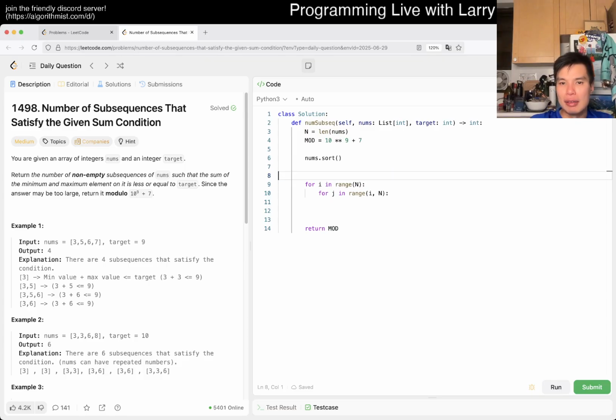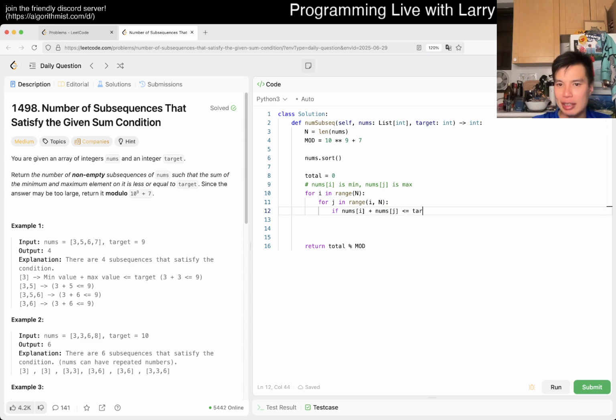And what does this mean? This means that now, let's say we have total equal to 0, and of course then we return total mod mod. Now if nums sub i plus nums sub j is less than or equal to target, then how many numbers do we have?